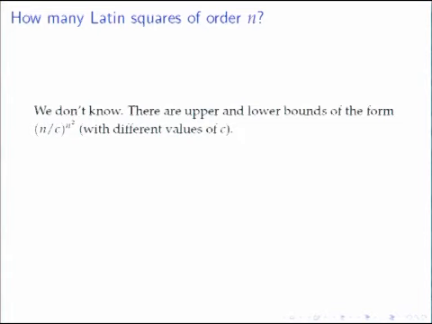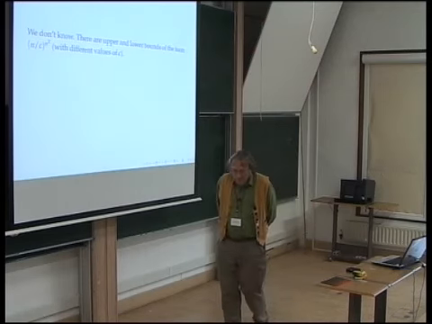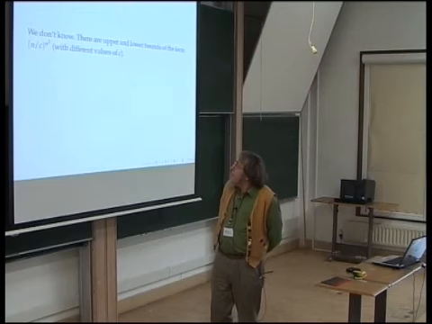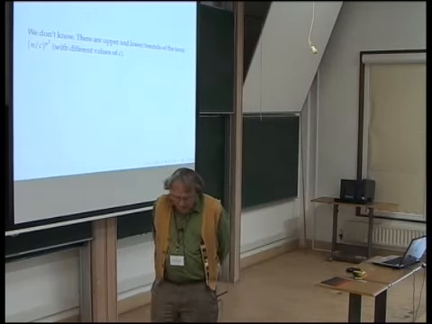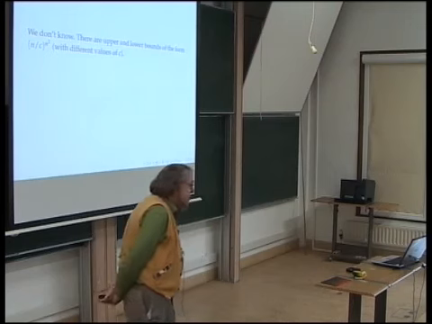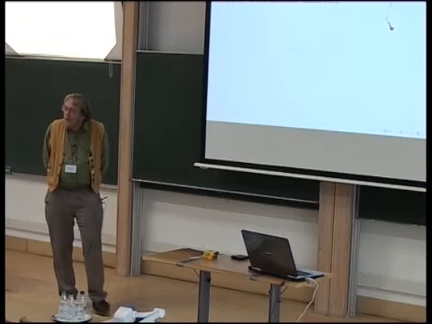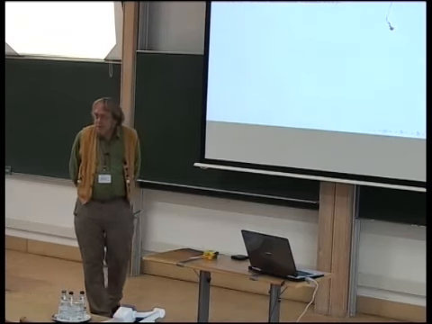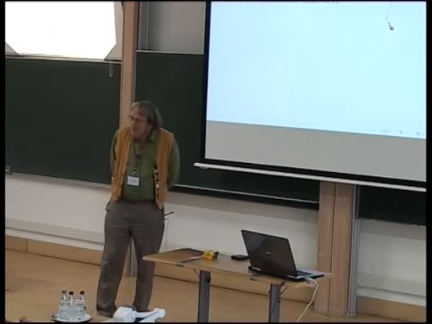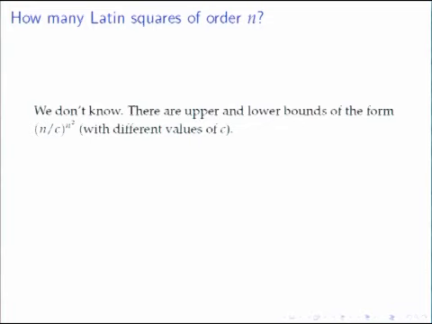Well, there's a relationship between random sampling and counting. How many Latin squares are there? Well, we don't know. The upper and lower bounds are asymptotically the same logarithmically. The number of Latin squares is about n squared log n plus O of n squared. But in terms of the actual value, that's a huge gap. The upper and lower bounds differ by the exponential of n squared, and we don't know what the truth is.